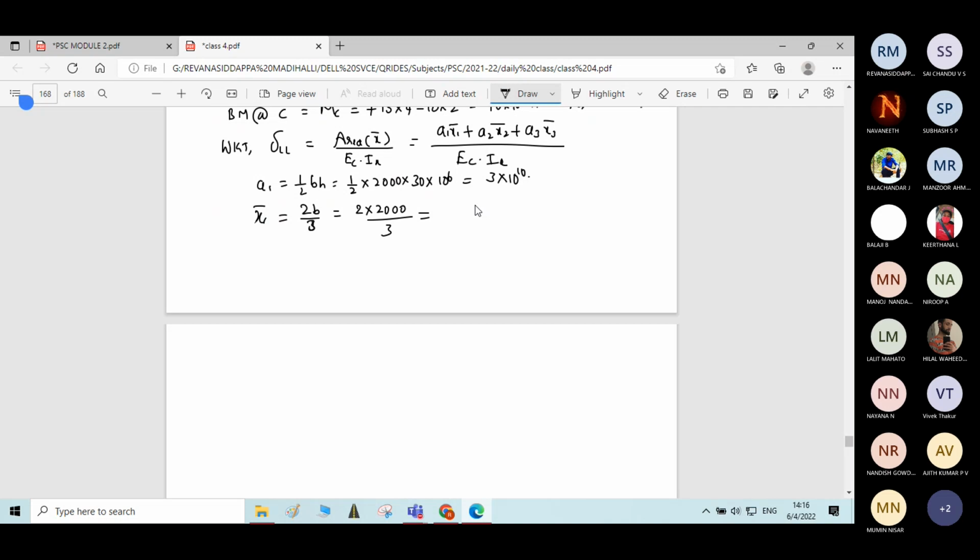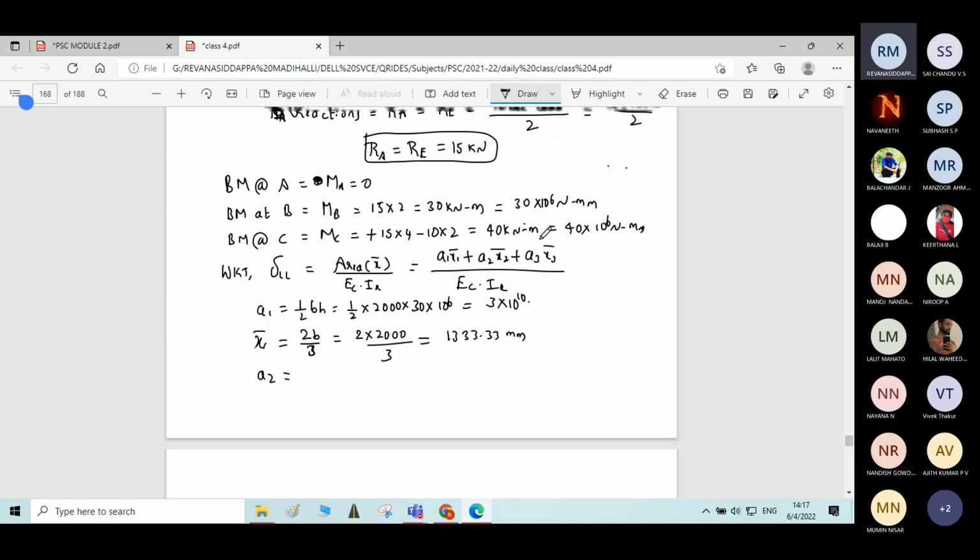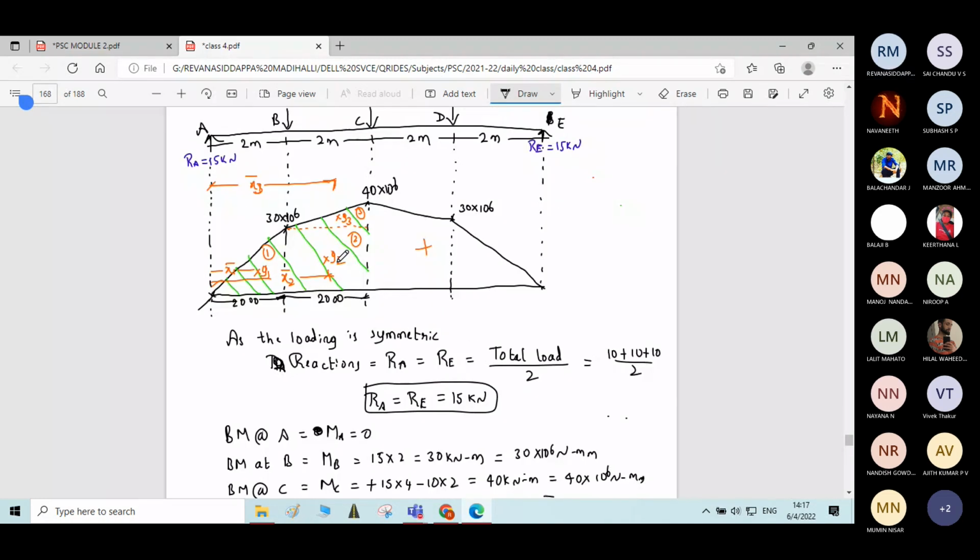You will get the answer as 1333.33 mm, x1 bar.